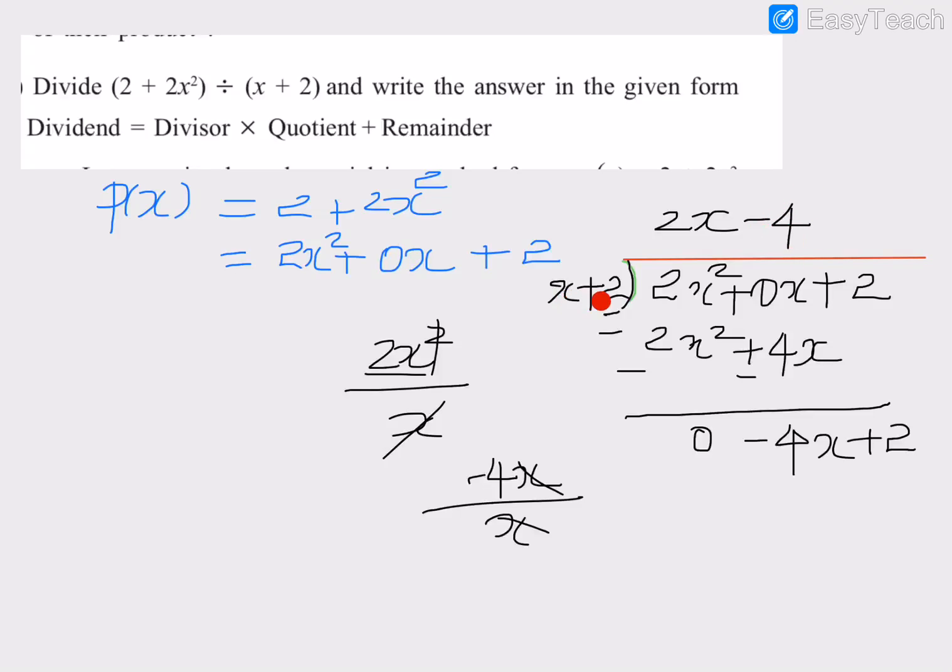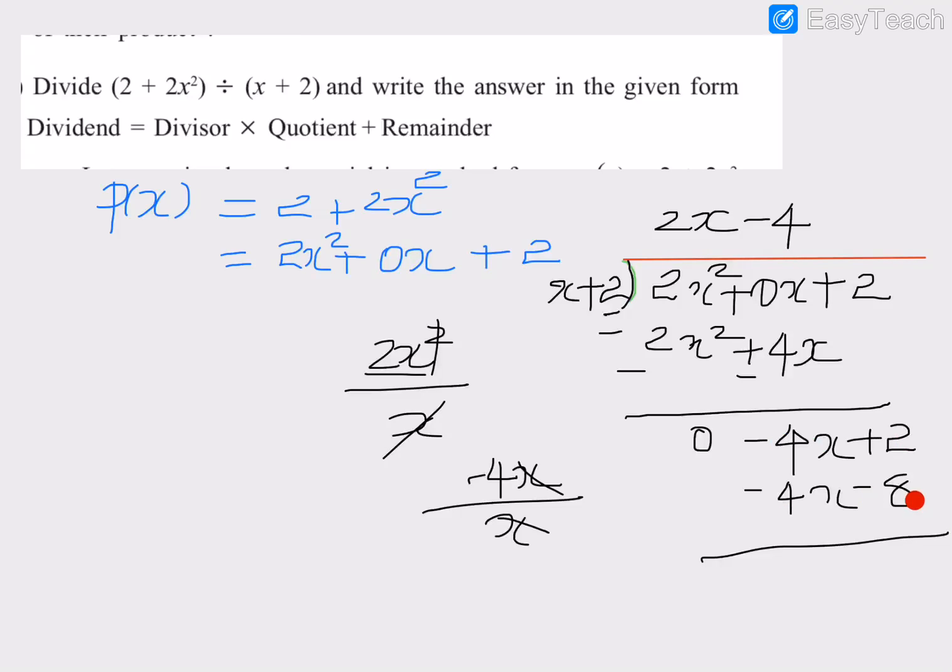Now we will multiply this quotient minus 4 with all the terms on the divisor. Minus 4 into x is minus 4x, and minus 4 into plus 2 is minus 8.